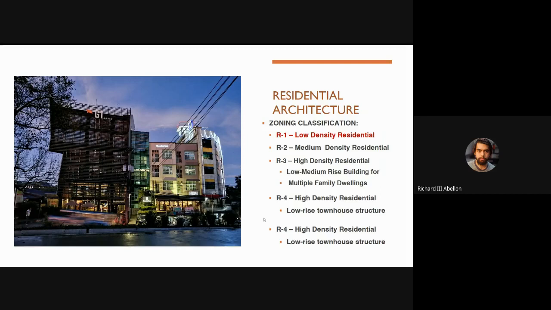R4 is high density residential, so low rise townhouse structure. Okay? So nadoble pala yung R4. As for R1, R2, R3, R4, parang mas maraming occupants ang nasa higher number. So start tayo with R1, which is low density residential.